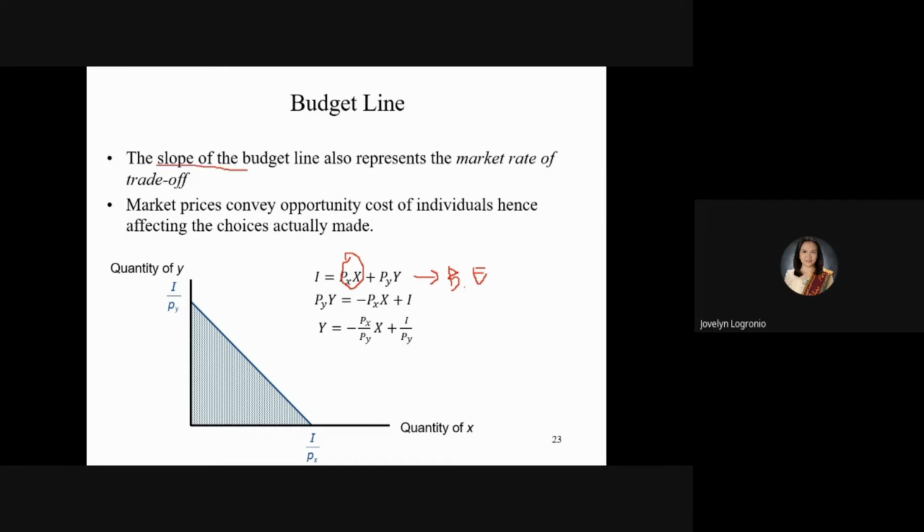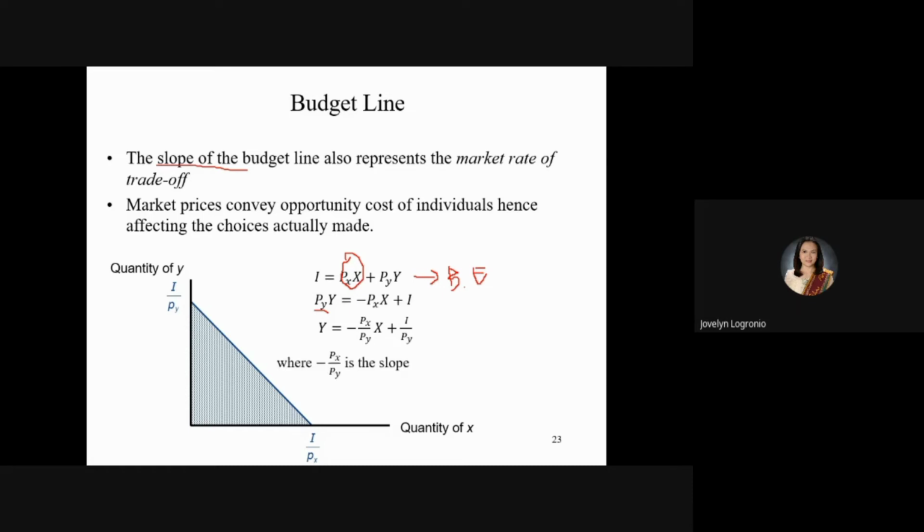So, ibig sabihin dito, sa third line, we divide both sides by the price of good Y. So, cancel yan sa left side. What is left is si Y na lang. Then, the right side is equal to this equation.